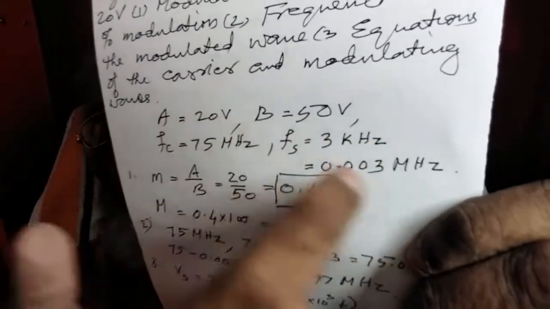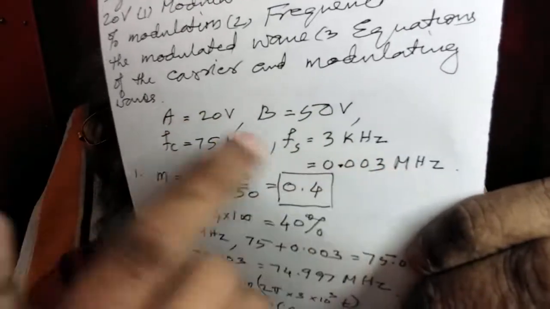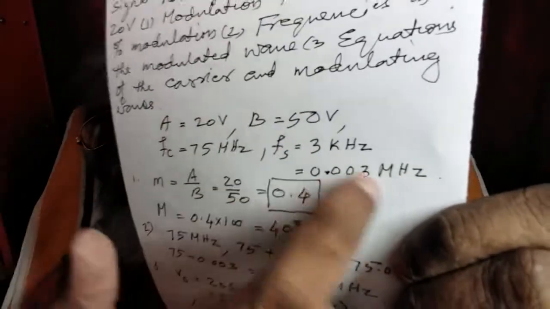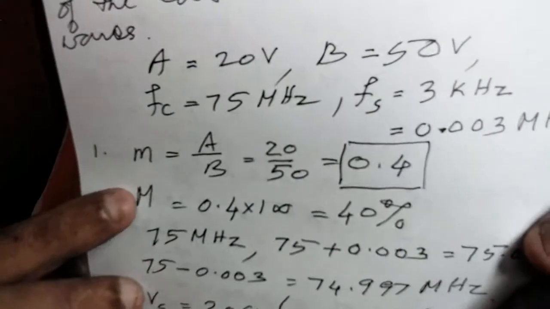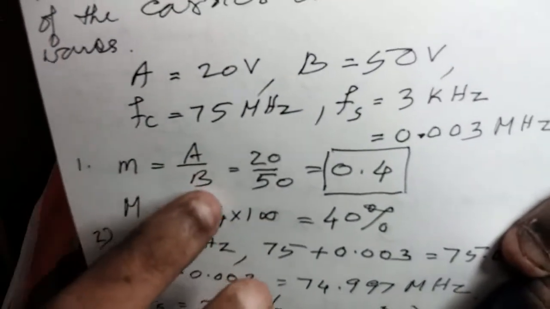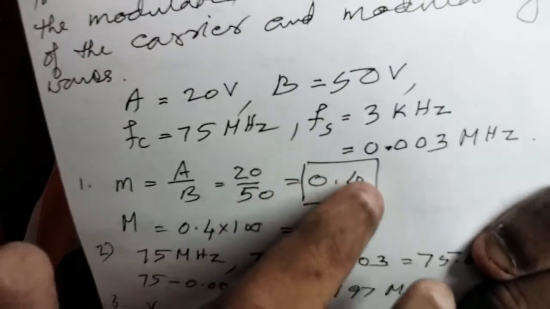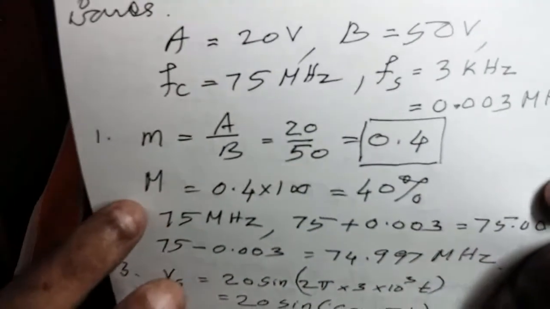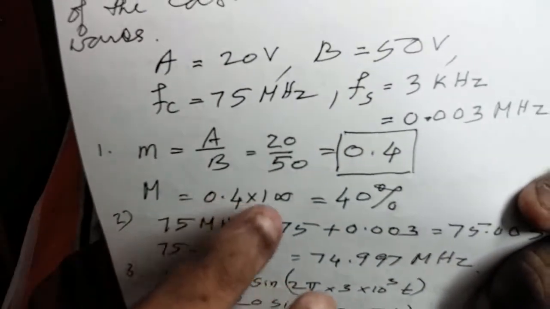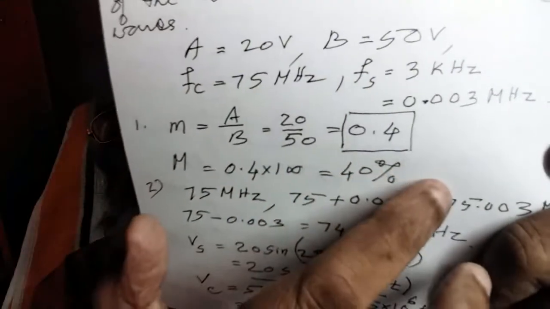You make the units of both the same. Then modulation factor m equals 20 by 50 or 0.4. Therefore, percentage modulation M equals 0.4 into 100, 40%.